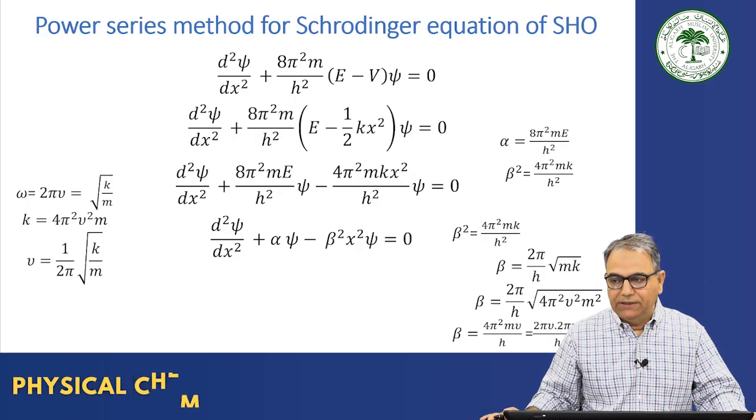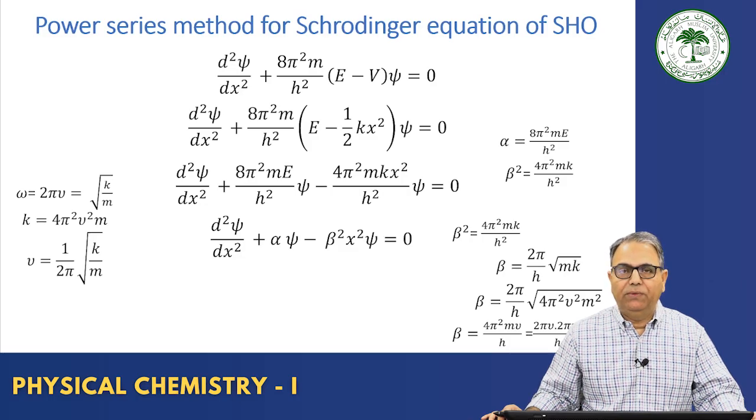Now if we use this and find the beta value, it comes out to be m omega by h cross. Your beta square is 4 pi square m k divided by h square.